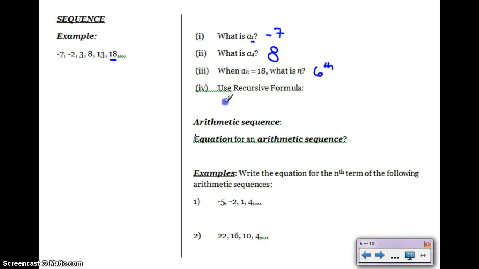So the recursive formula is a sub n equals a sub n minus 1 plus the common difference. Okay? An arithmetic sequence is a sequence with a common difference.